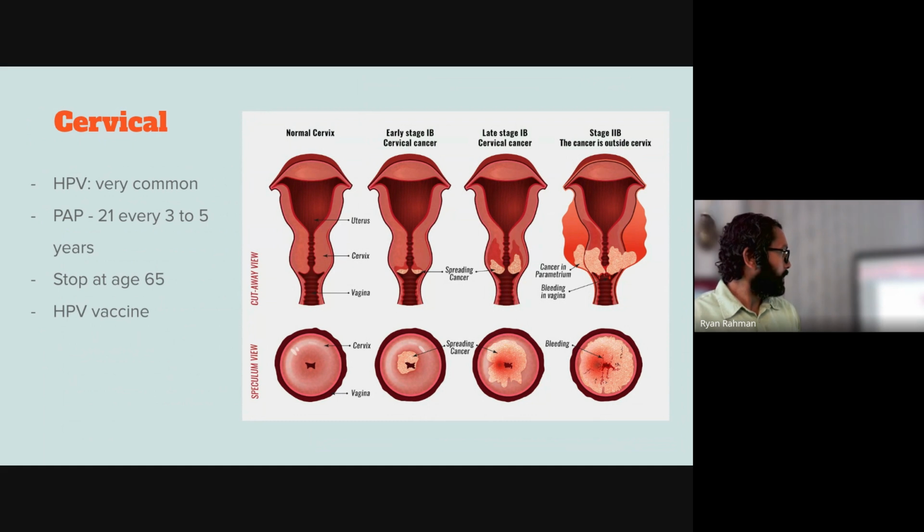Cervical cancer here. So the cervix is that exit of the uterus, the birth canal, womb. So that is basically done by female exam, pelvic exam. So a little bit on the invasive side, I get that, but again, for a good reason. HPV is extremely common. Some of these studies have looked at HPV on college campuses, rates above 90%.